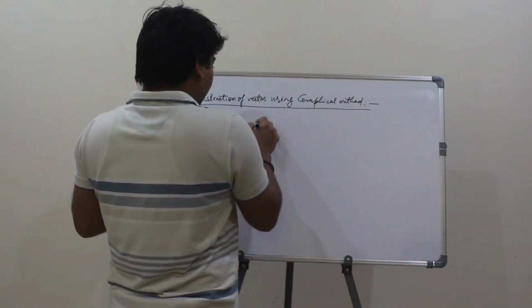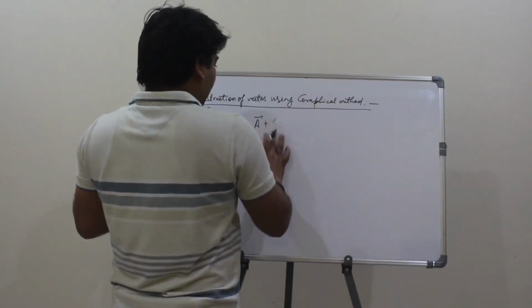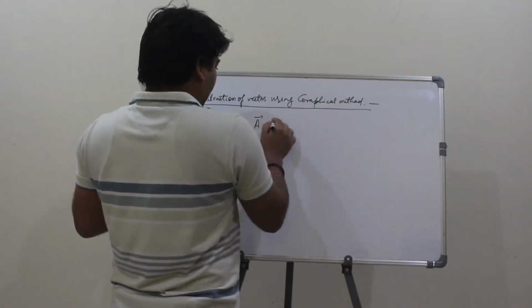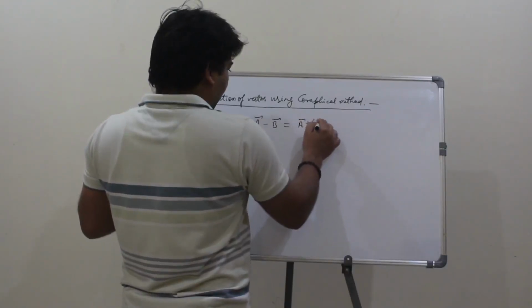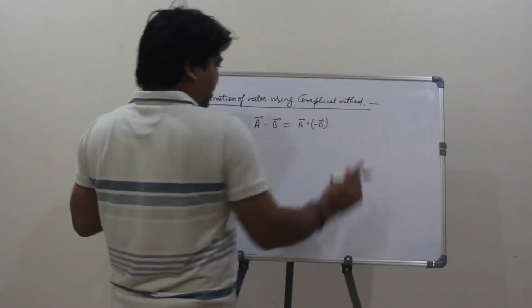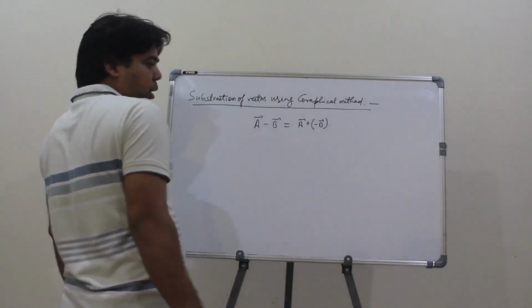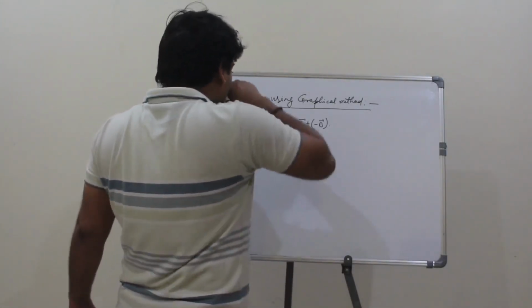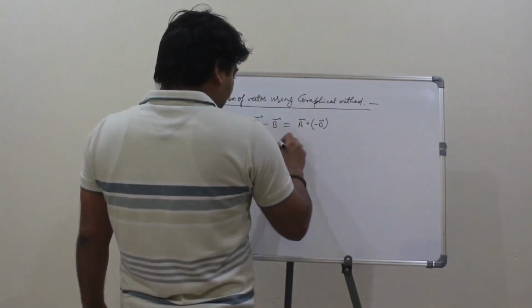Subtraction is nothing but addition of a vector with a negative sign. Right? A minus B is equivalent to writing it as A plus minus B, where minus B is the direction opposite to that of B.